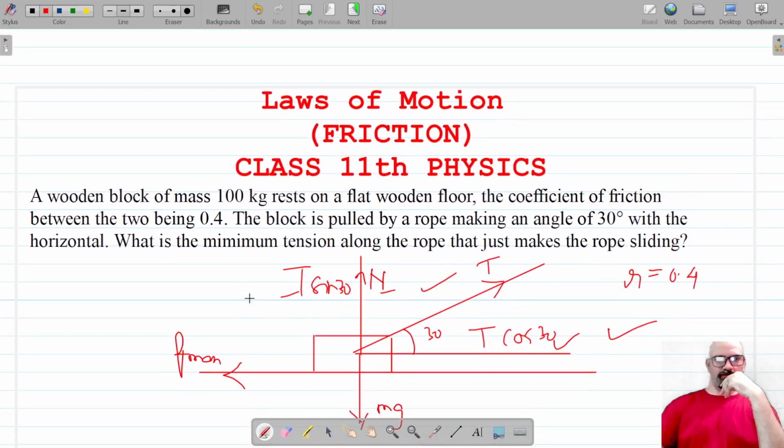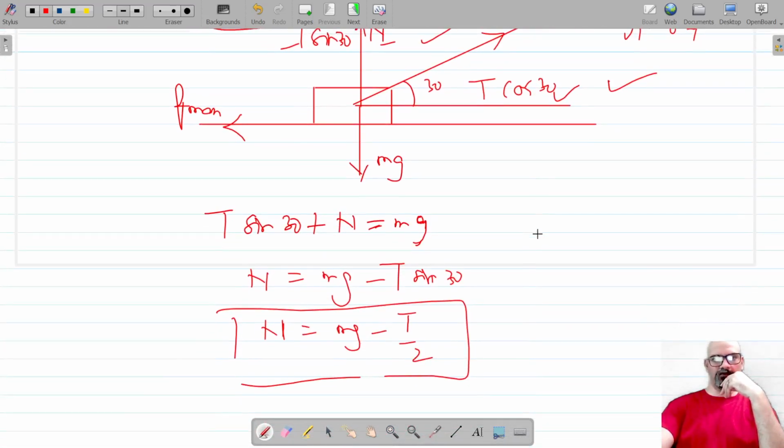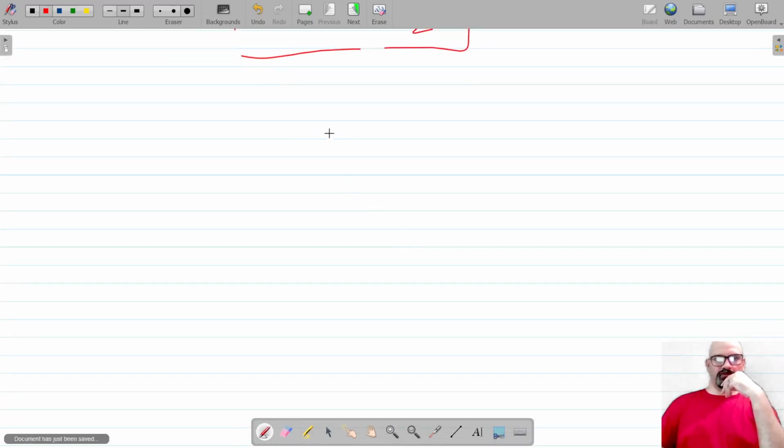Now, to find the minimum tension along the rope that just makes the block slide, T cos 30 degrees should be greater than or equal to the force of friction. So T cos 30 degrees should be greater than or equal to the maximum force of friction.